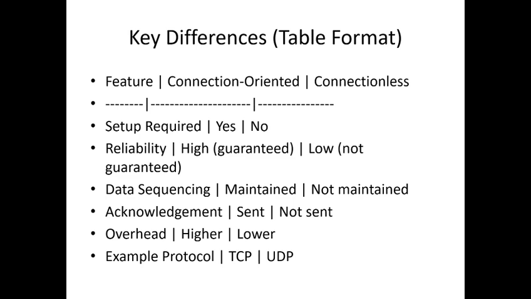Connectionless protocols like UDP are faster with lower overhead but less reliable and don't guarantee order. Examples of protocols: TCP and UDP.